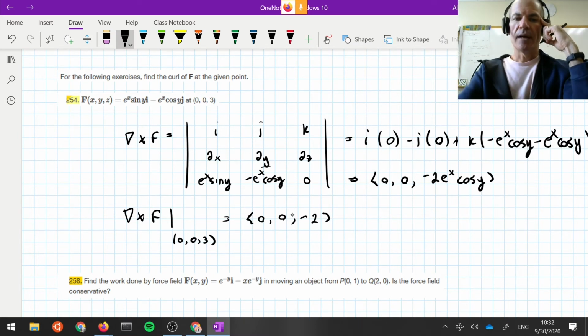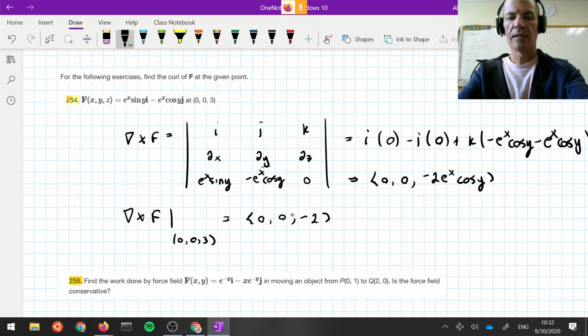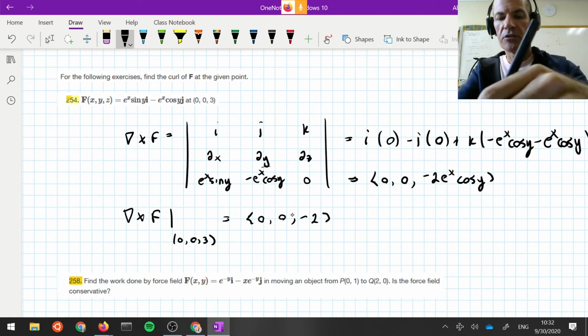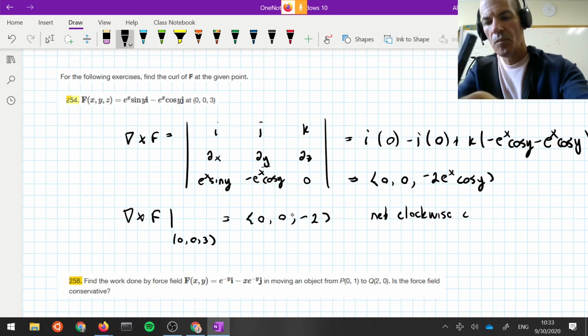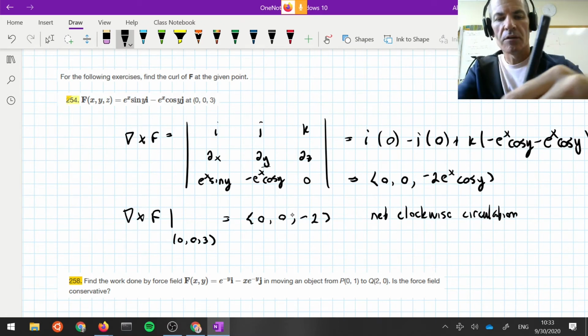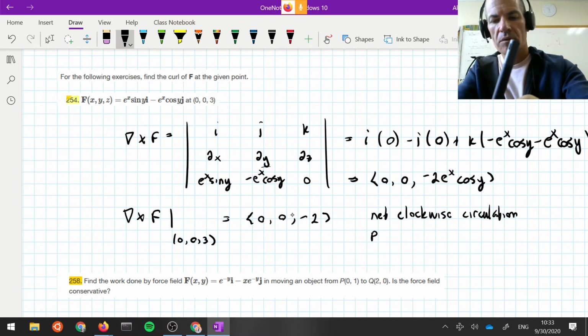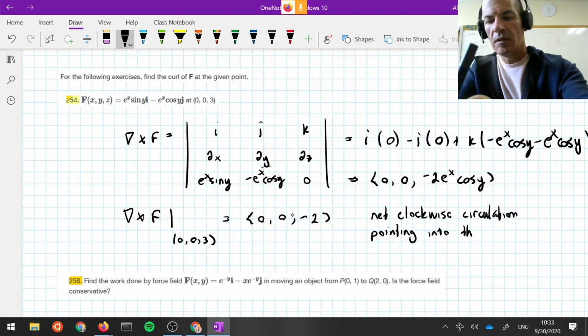What we can expect here is that at the point 0, 0, 3, we're going to see a net clockwise circulation. That's because the curl points into the xy plane.